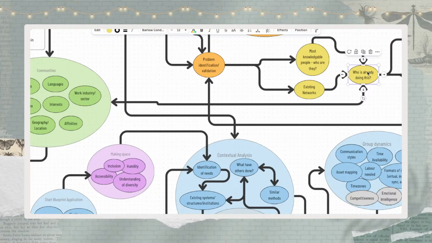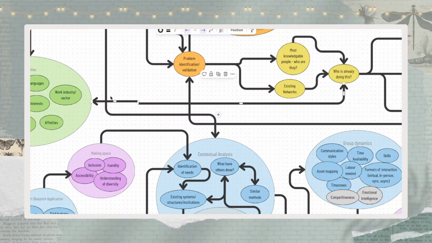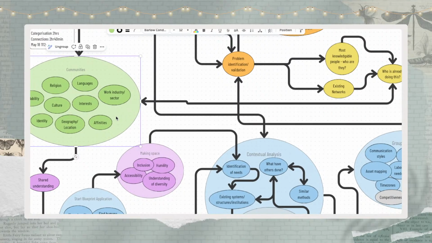One part that I skipped, that is a connection that comes earlier when we were talking about who is already doing this, is the connection to this larger green bubble that we titled communities. And it's essentially different areas around which people already organize. We see people already organizing around religion, their culture, different interests, affinities, the industry that they work in, all sorts of reasons.